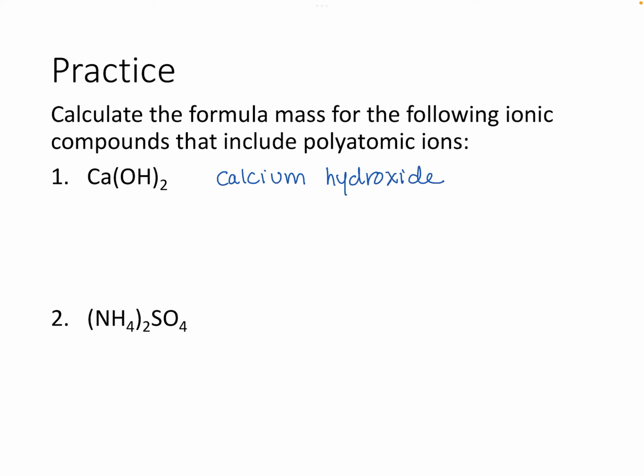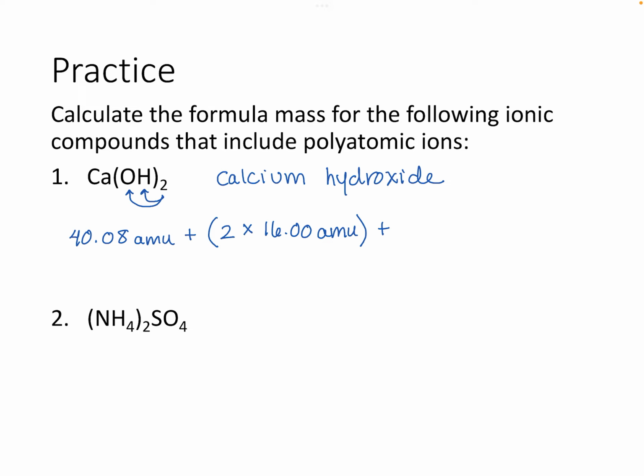Okay, now it does look like we have 2 of them, so we want to make sure to carry that 2 into our parentheses. So we have 1 calcium, and its mass is 40.08 AMU. And then we have 2 oxygens. So we'll multiply 2 by 16.